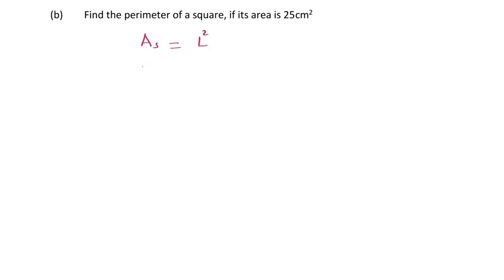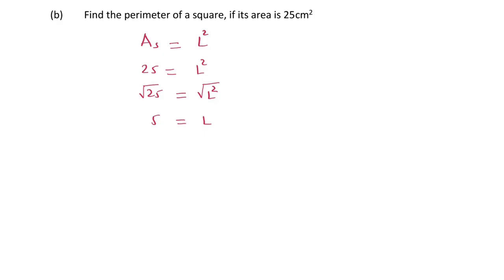We are having 25 equals L squared. Okay, so next we are going to apply the root both sides. Then our equation is going to be under root 25 equals under root L squared. Simplifying this, we are having 5 equals L.